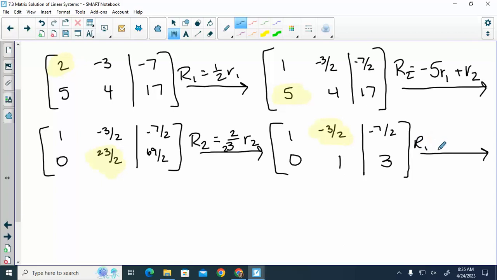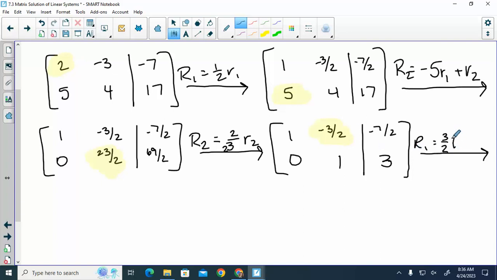Okay. We just got a 1 right here. So what could I take this row times? Positive 3 halves. If you multiply it by 3 halves, then you could add the two together. The part that messes with me is that the bottom row doesn't actually really change, because we're only changing row 1.